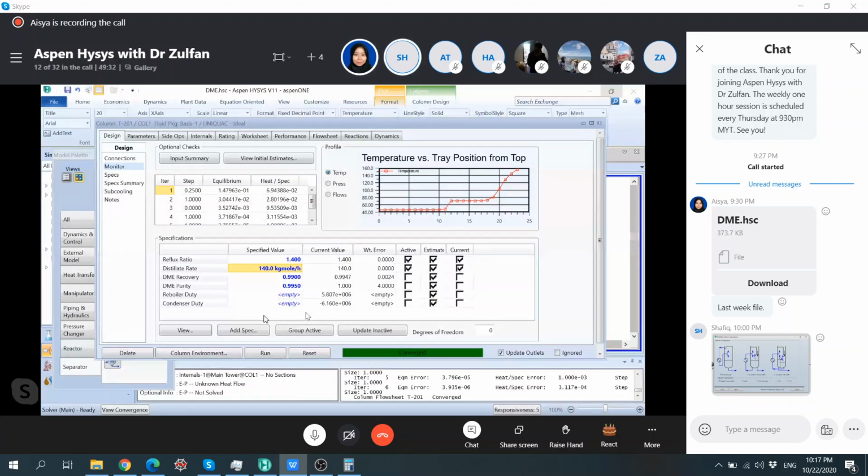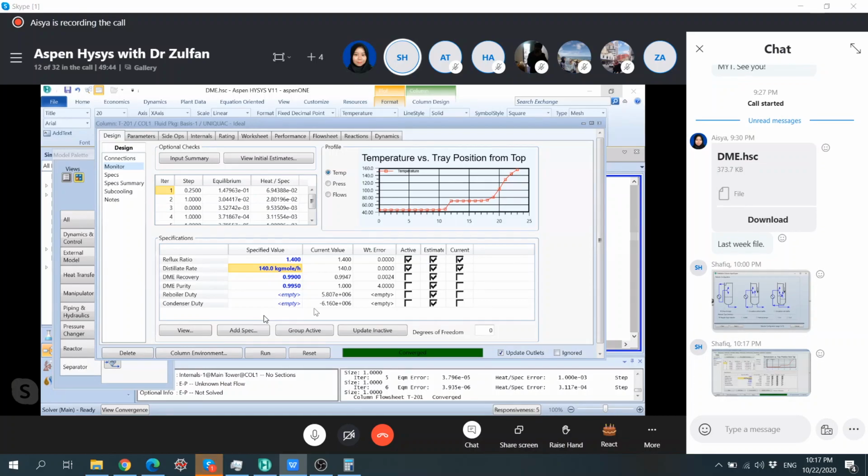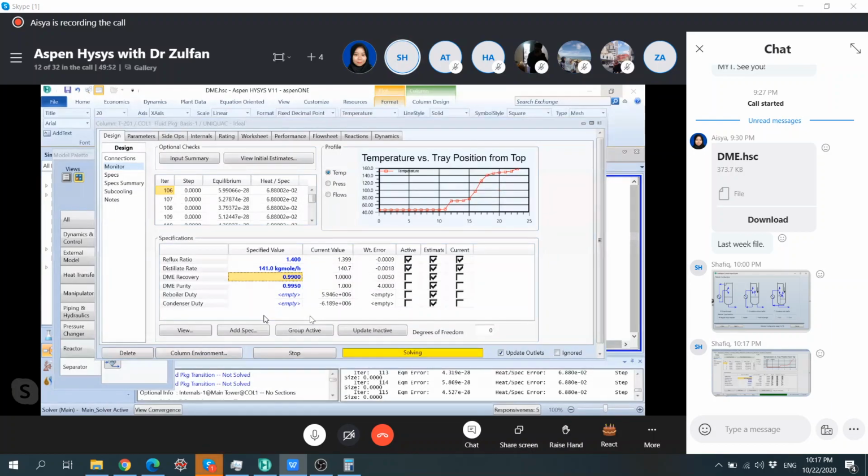And now try to increase the distillate rate. Very good, Shafiq. Increase the distillate rate to 141, for example. I don't think it will converge. This is just for the sake of getting that methanol up in the top.